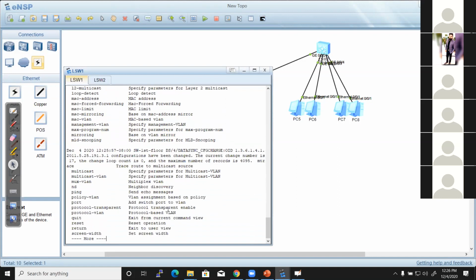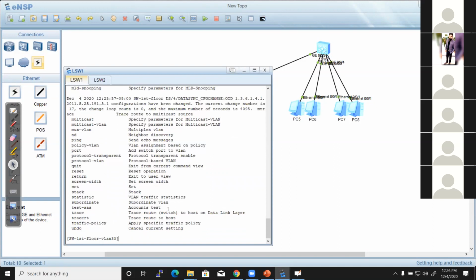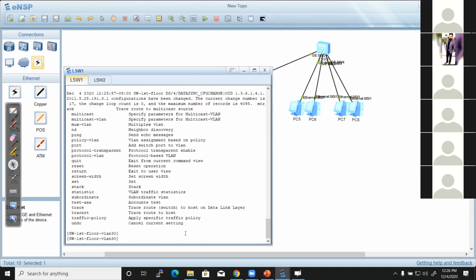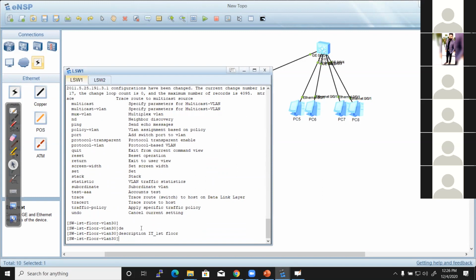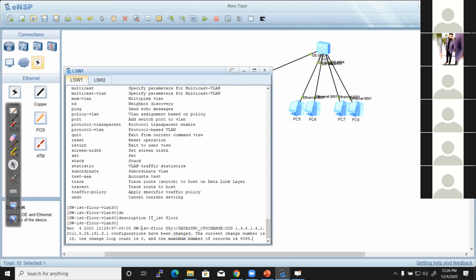Maybe description. Yeah, description. In Cisco, we use name over here. This is description. So you can set any name, for example, IT, and you can put first floor, or it could be any VLAN. So that's how you can identify.